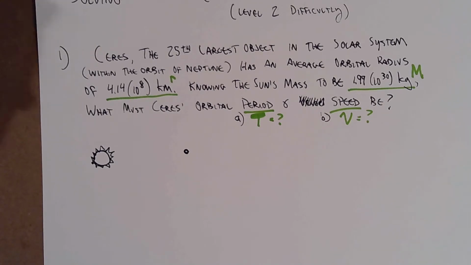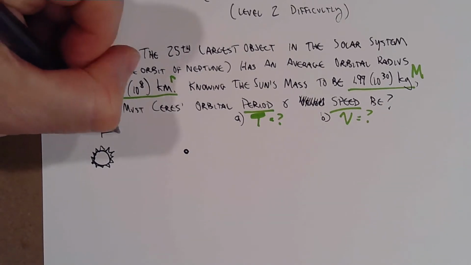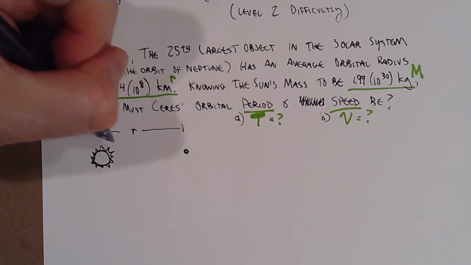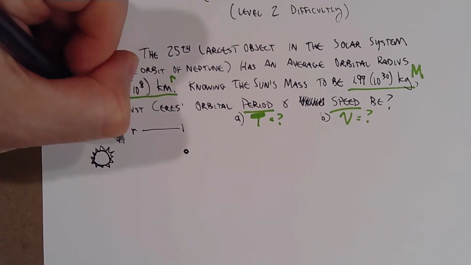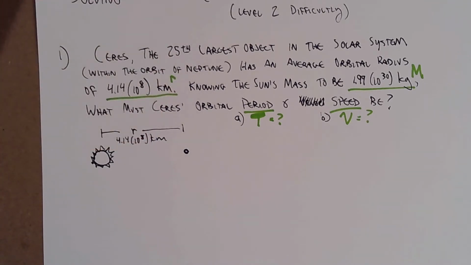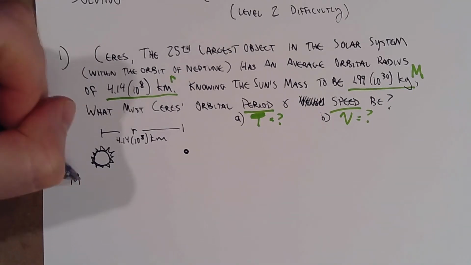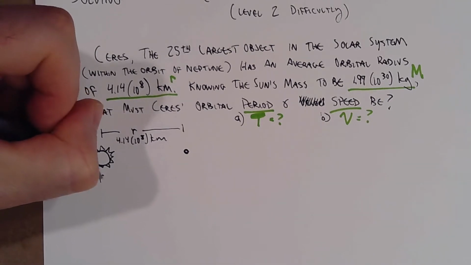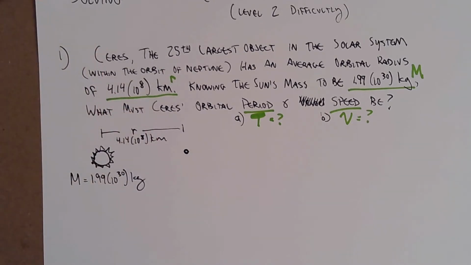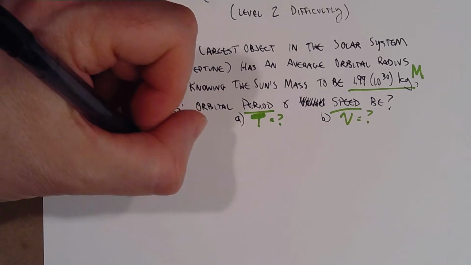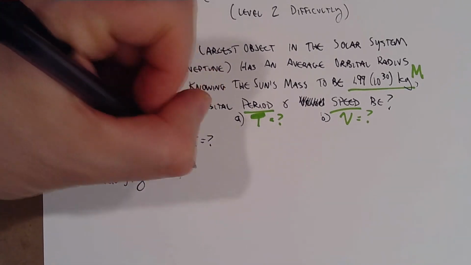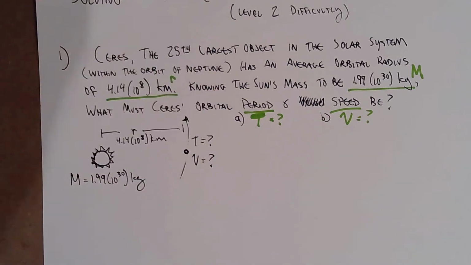So, we know the average orbital radius to be 4.14 × 10^8 kilometers. And we know the mass of our sun to be 1.99 × 10^30 kilograms. And we are interested, as Ceres orbits around, in its period, and we are interested in its speed.